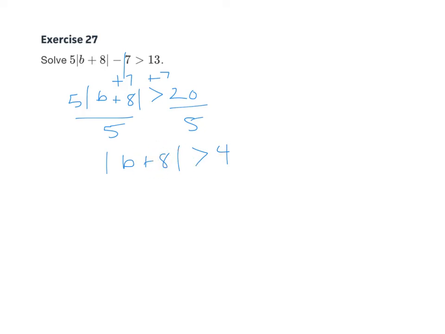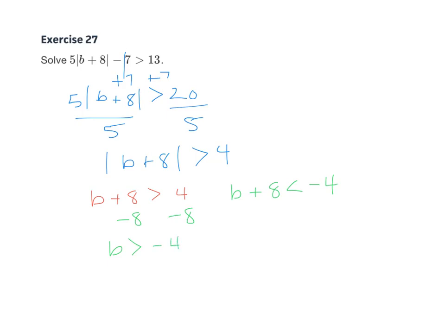So now we're going to split it. b plus 8 is greater than 4, and b plus 8 is less than negative 4. Now I'm going to solve this one on the left. I'm going to minus 8 from both sides. b is greater than negative 4.